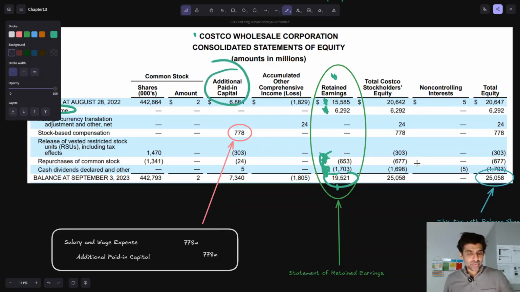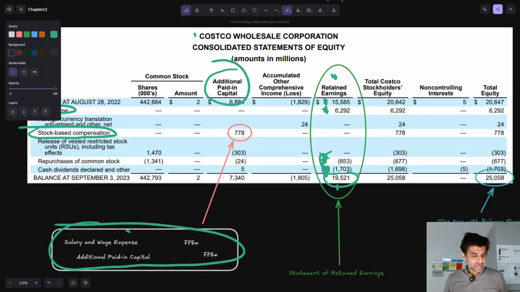There's something interesting here: this stock-based compensation. What this is, basically, is this journal entry: salary and wage expense, debit, and instead of crediting cash, they're giving their employees stock options or stock in the company.